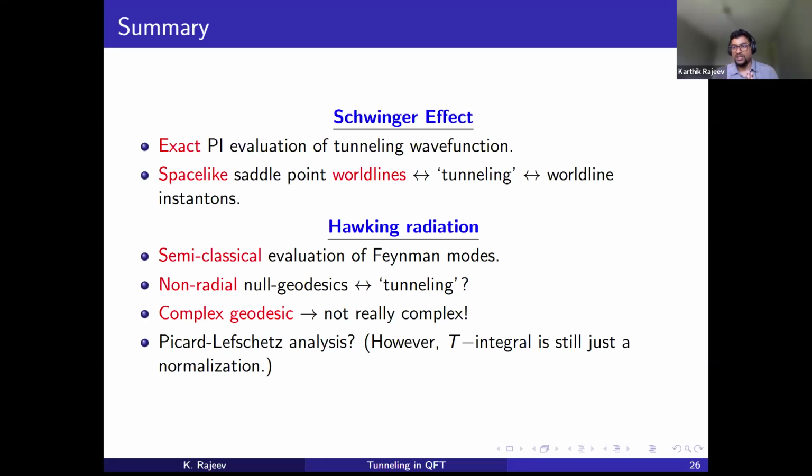In the expression for the amplitude, you can show exactly that these space-like world lines matter. So in a constant electric field, the classical solutions are hyperbolas, right?